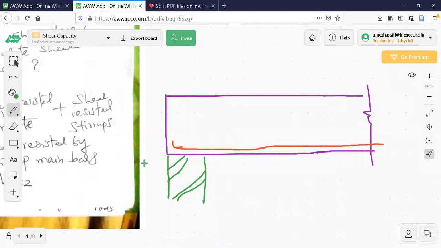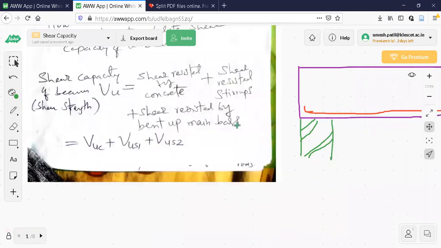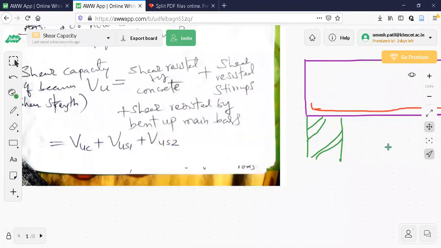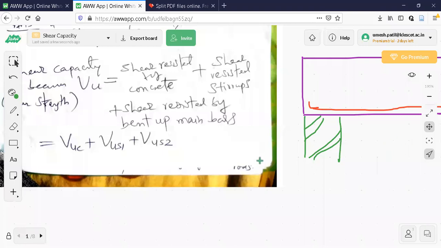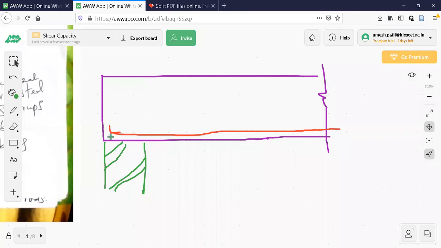Now the third one I'm trying to explain here is shear resisted by bent up main bars. Let us say 4 bars are provided to take care of bending moment.